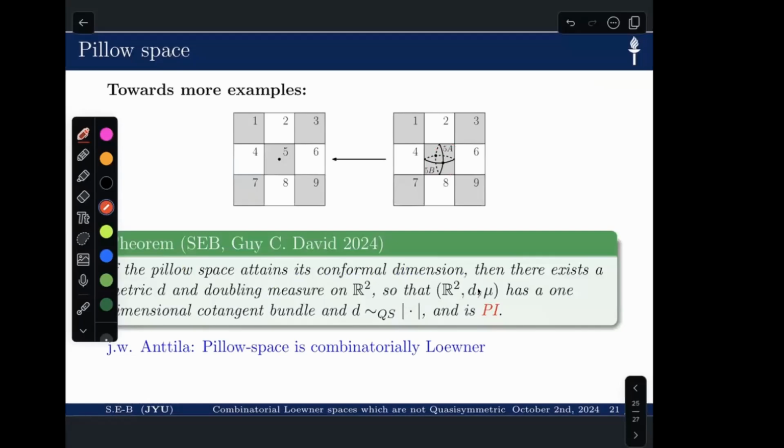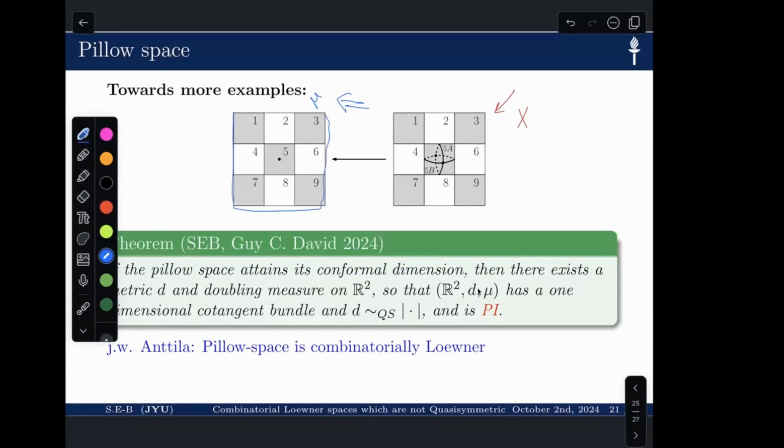Namely, we were able to show that if this fractal space that we construct attains its conformal dimension, or it is quasisymmetric to Loewner, then we can push things down and get an exotic metric on the standard square, or by gluing or blowing up, we can get it on R2 or the standard sphere.